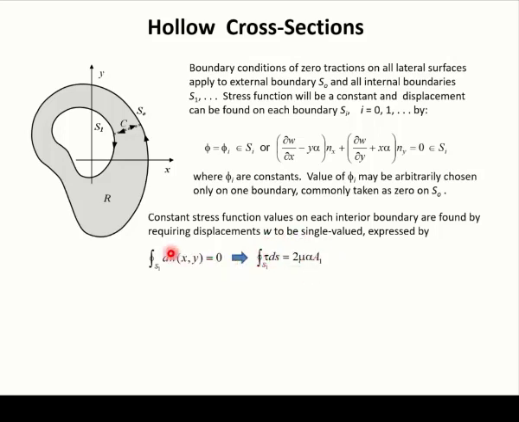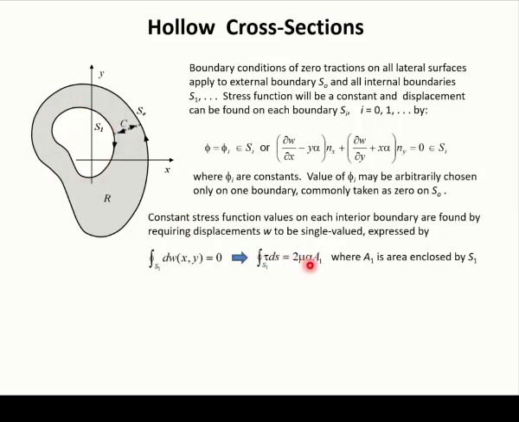Since our displacement will be single valued, if you add them for the whole surface it should be equal to 0, and from there we can get this equation. Which means that the addition of your shear stresses on this surface should be equal to 2 times mu alpha times A1, and A1 is the area enclosed by S1, so the area inside the hole.